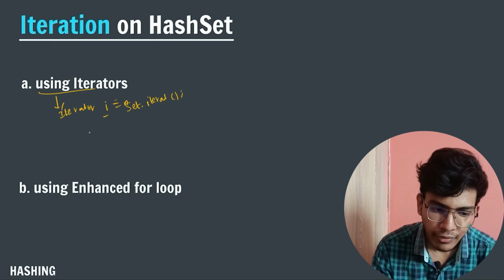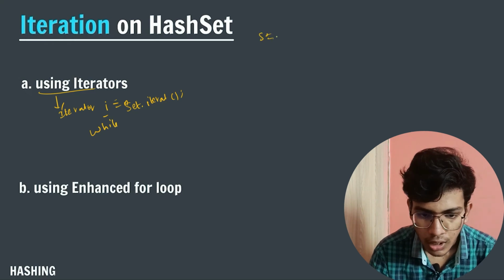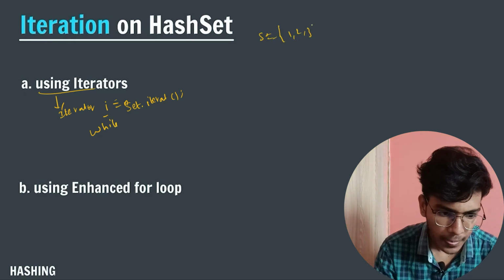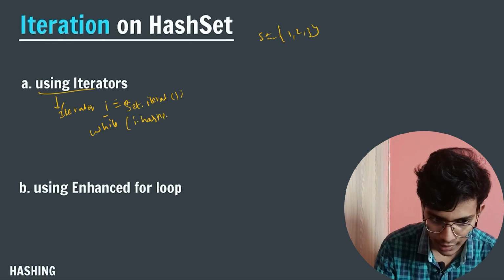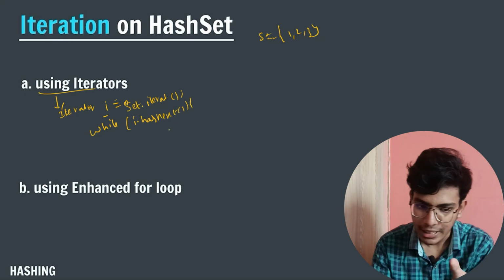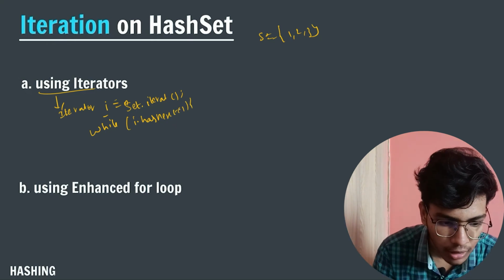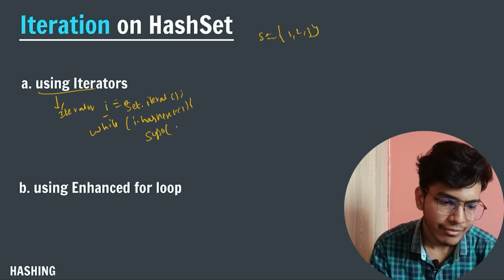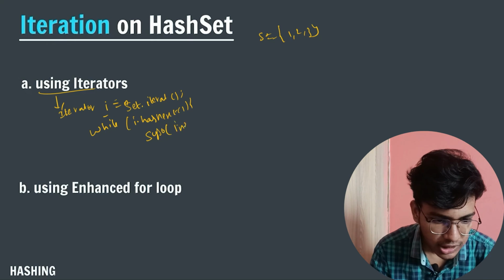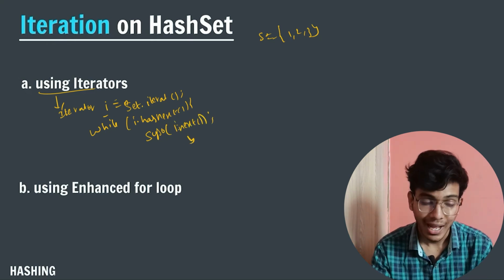After it I will write while, let's say I have a set s equals 1 2 3, while i.hasNext(), then if i has a next element, I will come into my loop, and after it I will write System.out.print, and whatever the key value I have, i.next(). Like this, I will print the elements in my hash set.